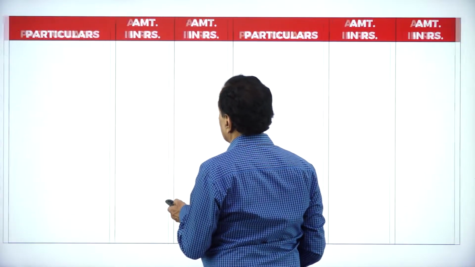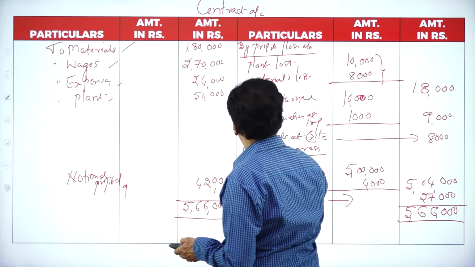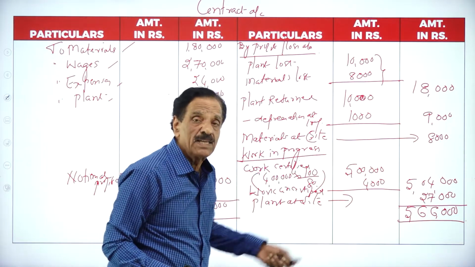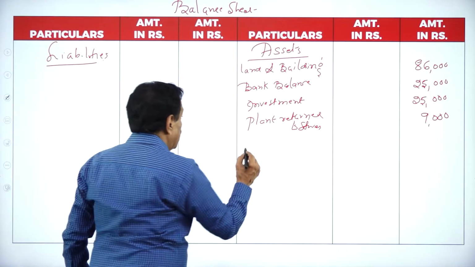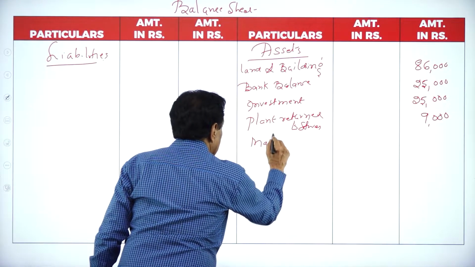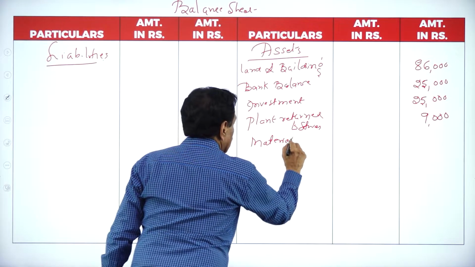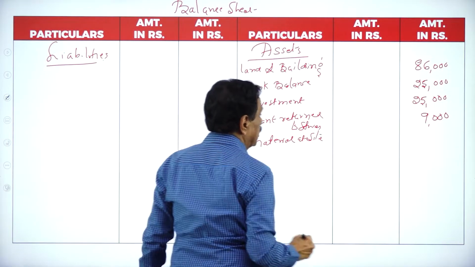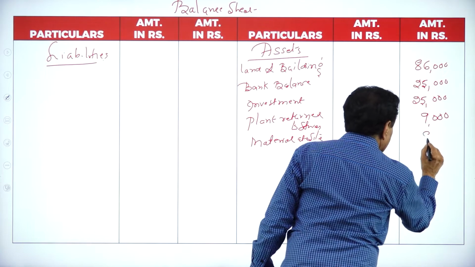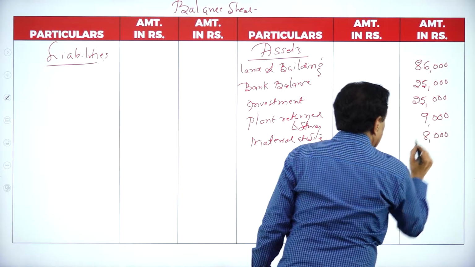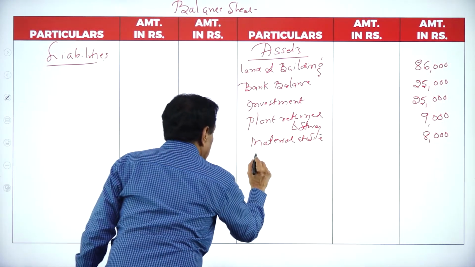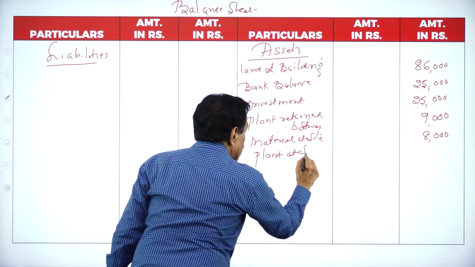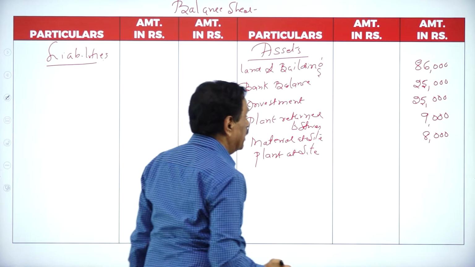Then, what you have got? Here, plant return to store. What's the material at site? 8,000. Material at site, 8,000. Then planted site, what we have calculated? 27,000.